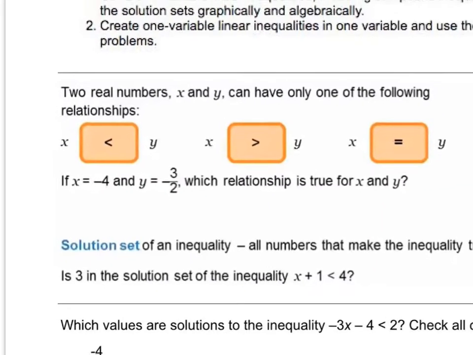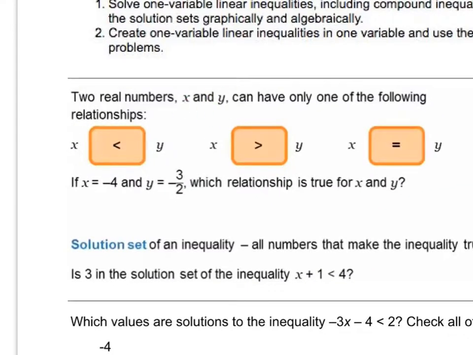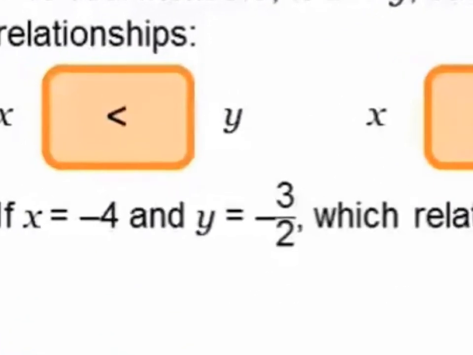What this says here is that two real numbers, x and y, can only have one of the following relationships. Either y is larger than x, or x is larger than y, or those two numbers are equal. You have three options. The way to tell which one's bigger, some people like to do the Pac-Man thing. You guys ever play Pac-Man?